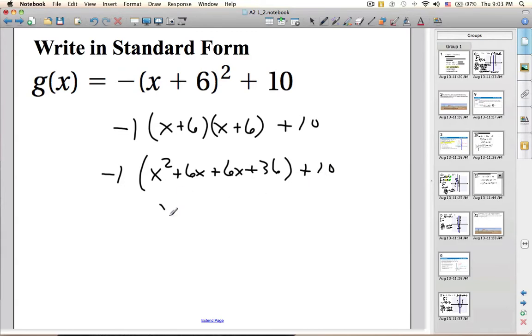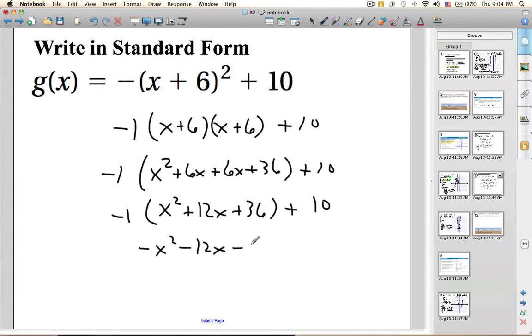I want to simplify this: x squared plus 12x plus 36 plus 10. And then I need to multiply this whole trinomial by negative 1. So I'll have negative x squared minus 12x minus 36 plus 10.